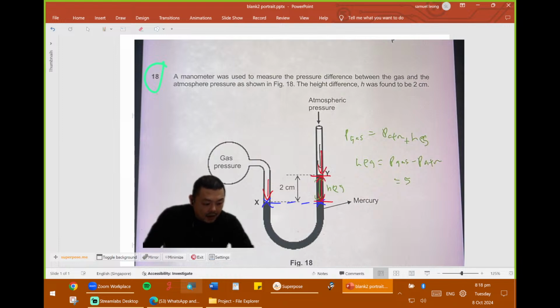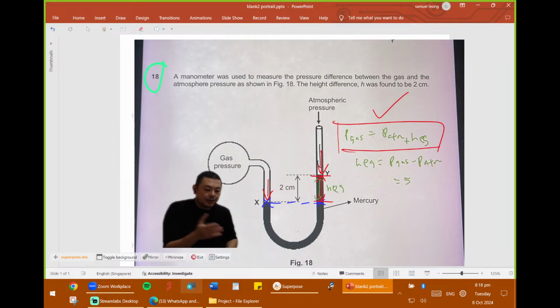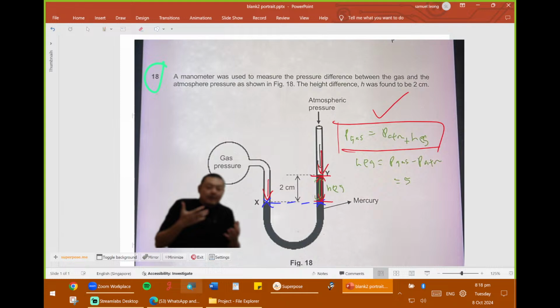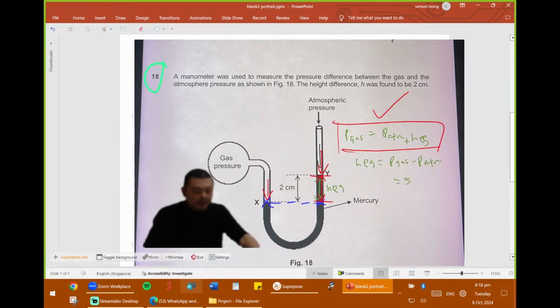Correct. See? This working here is correct. The pressure of the gas is equal to the atmospheric pressure plus the h rho g. But I guess my point is, why didn't you get into that mode?